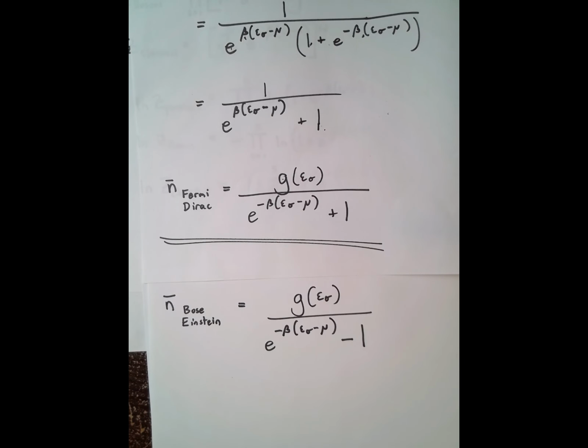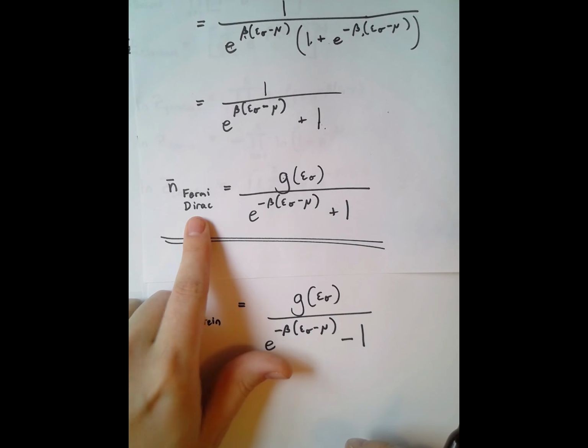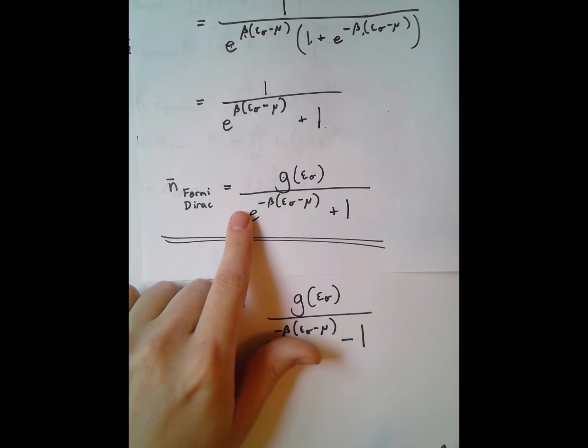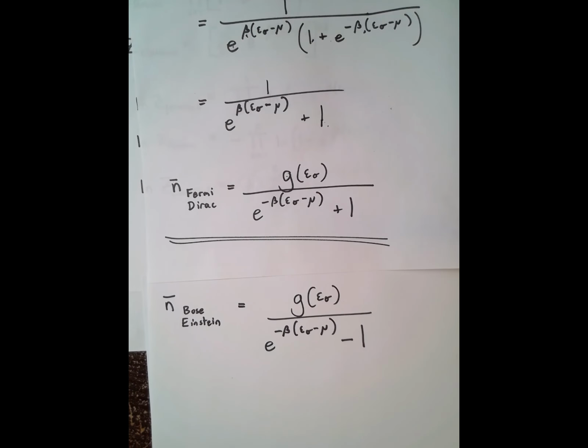This plus here means that fermions can hold up neutron stars and white dwarfs. If this were a minus, then white dwarfs and black holes would collapse. That's one example of why the minus sign is important.